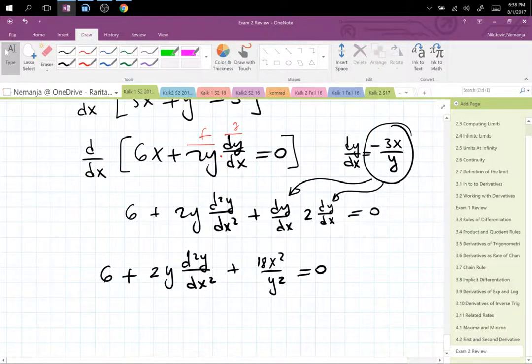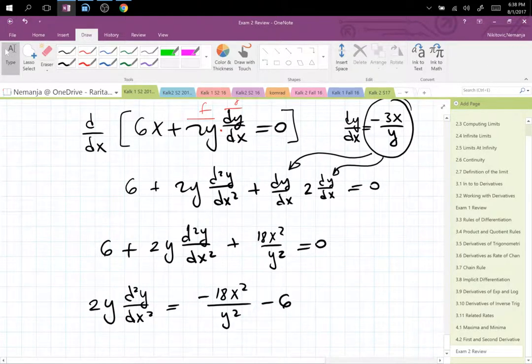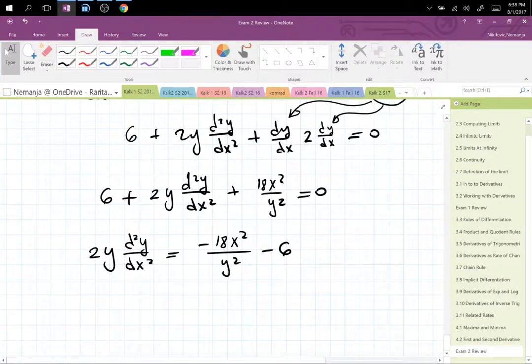And all I need to do now is solve for the second derivative, which is going to be negative 18x squared over y squared minus 6. And then I multiply both sides by 1 over 2y to get rid of that on the left.